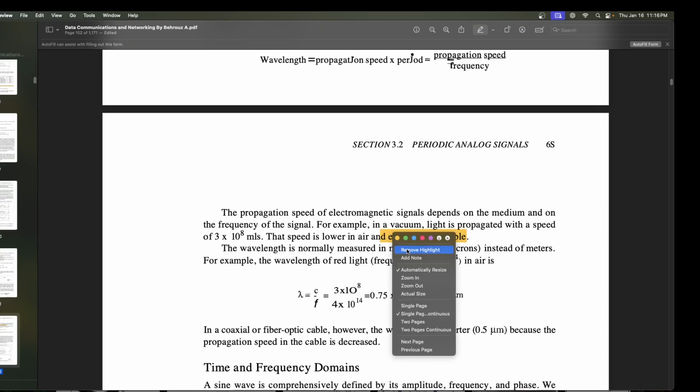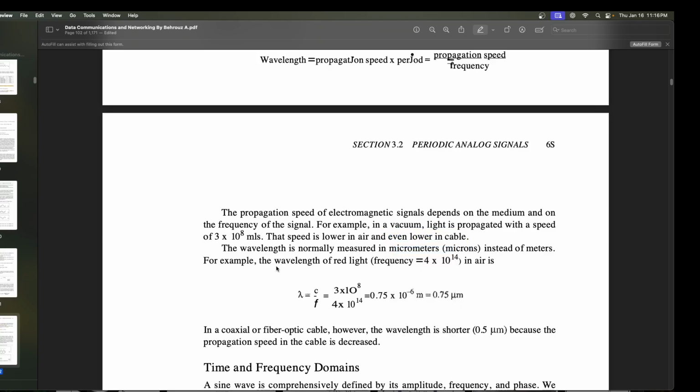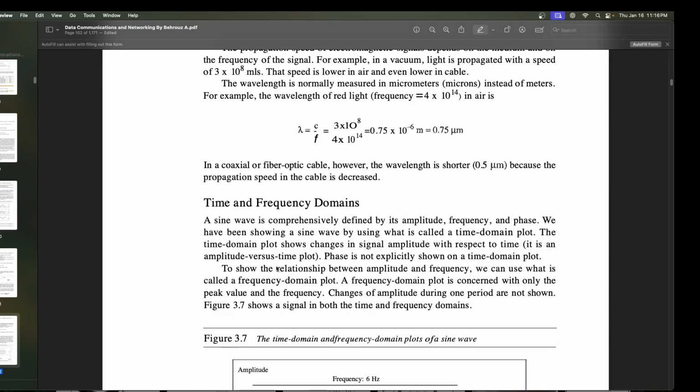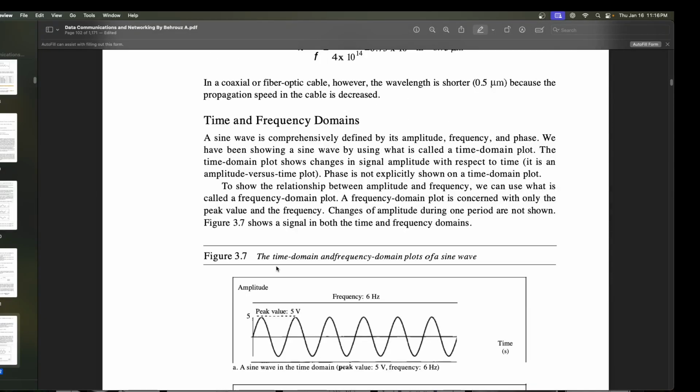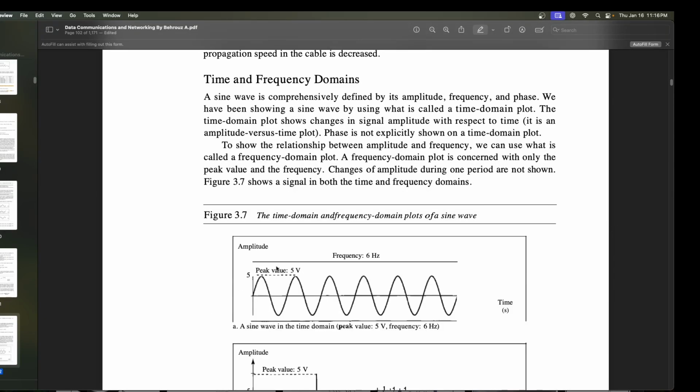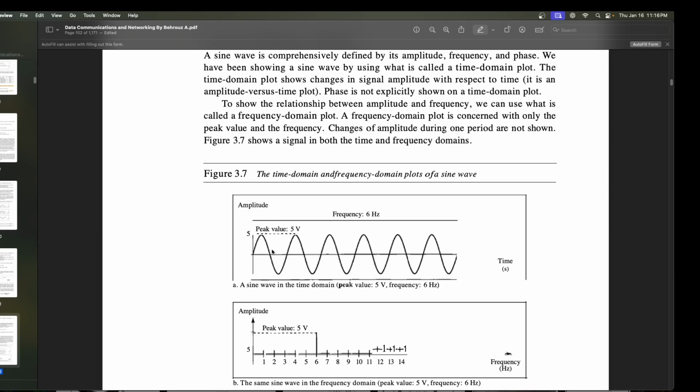We usually measure wavelength in microns instead of meters. Now, the time and frequency domain. A sine wave is comprehensively defined by its amplitude, its frequency, and its phase. So there are three distinct characteristics, right? Now this is basically amplitude versus time, so we are still in the time plot.